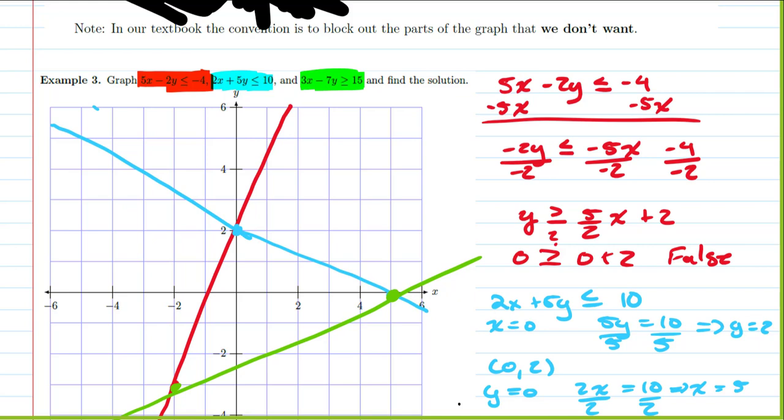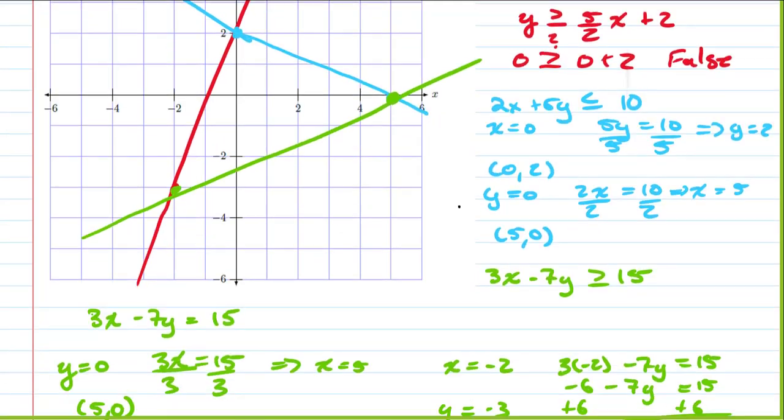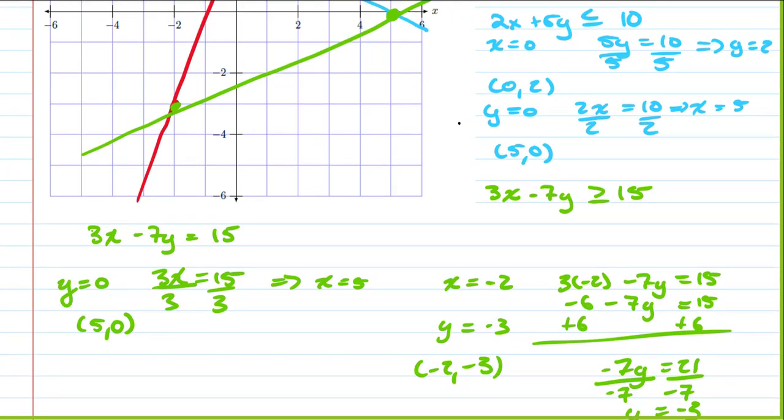All right, so now let's find our feasible region for this solution. So we start down here with our green equation. Let's check. So if I check 0, 0, is 0 minus 0 greater than or equal to 15?